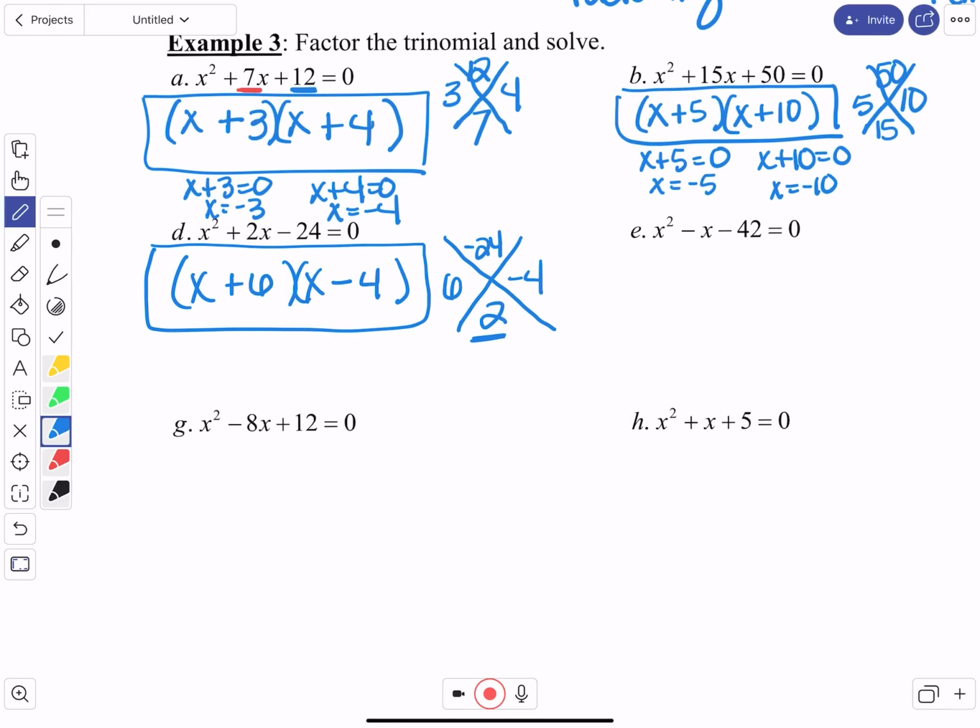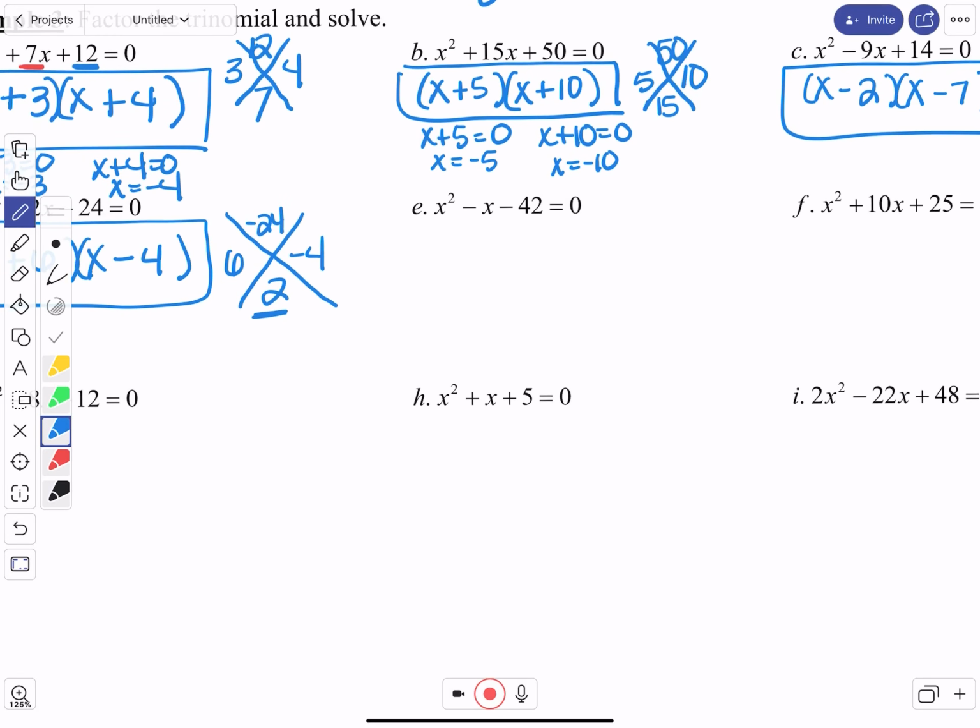All right, I'm going to keep going because I want to focus on the factoring. So for E, I'm going to set up my parentheses. So -42, -1. Now this time, since it's a negative number up top, I know one is positive, one negative, because to multiply to get a negative number, one's positive, one negative.